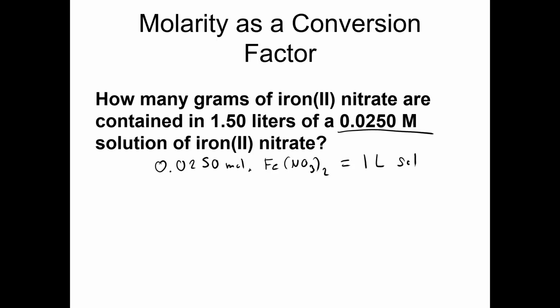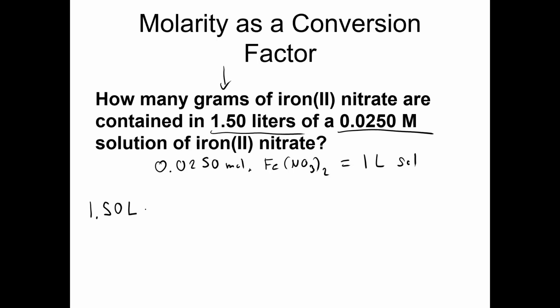That's the conversion factor. I want to know how many grams of iron nitrate are contained in 1.5 liters. Okay, so that's going to be 2 steps. You can do this probably in your head. You can say, okay, it's 1.5 liters, so it's 1.5 times that, 0.0250. Okay, fine, but let's set it up anyway here.